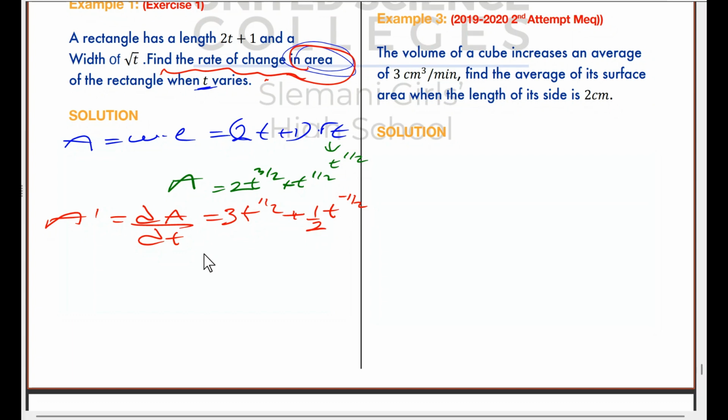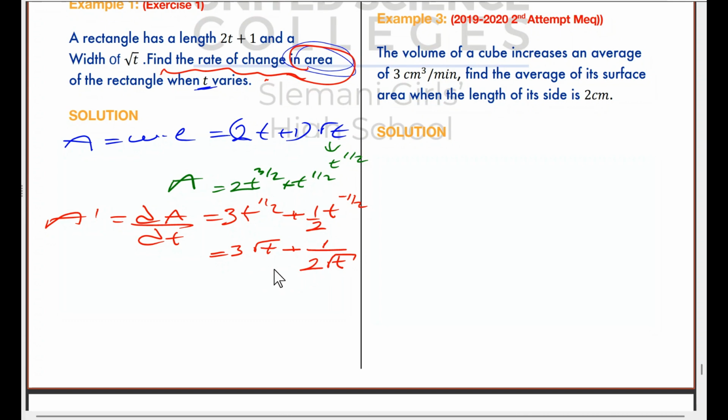So when we simplify this, write this as 3 square root of t plus, since there is a negative exponent, you move this down, 1 over 2 square root of t. This is the answer, or we can simplify this more by equalizing denominators.